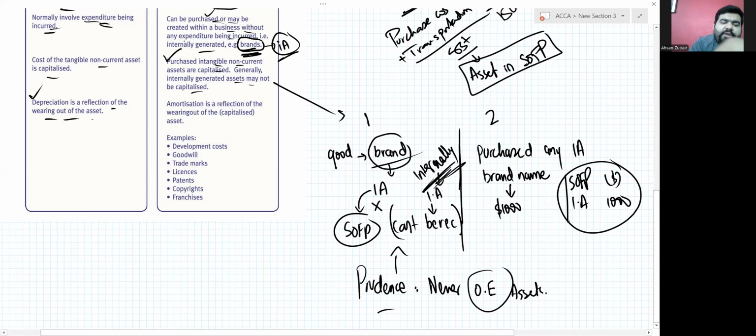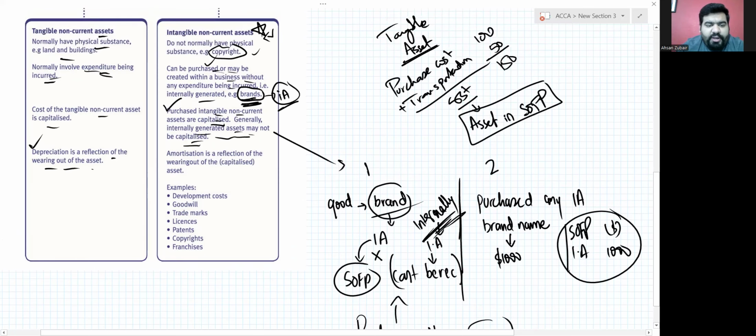So that's the part written here. Purchased intangible non-current assets are capitalized. Generally, internally generated assets may not be capitalized. And after that, the point related to depreciation. A tangible non-current asset is depreciated, but for an intangible non-current asset, depreciation is replaced with the word amortization.